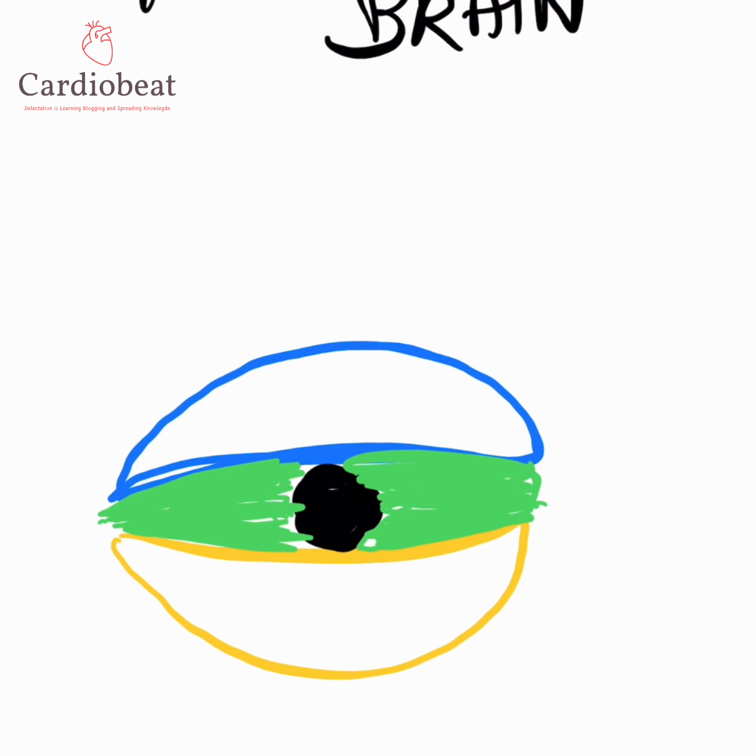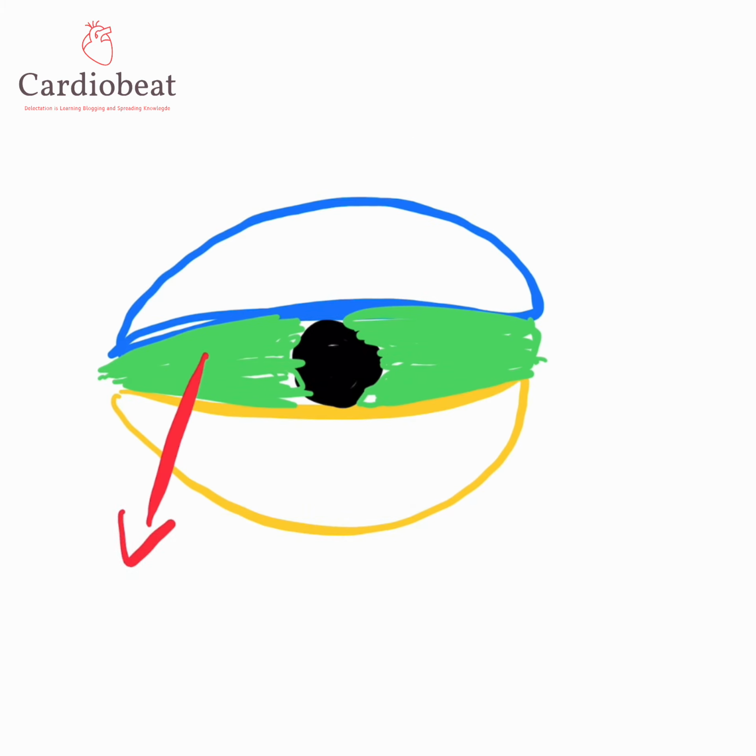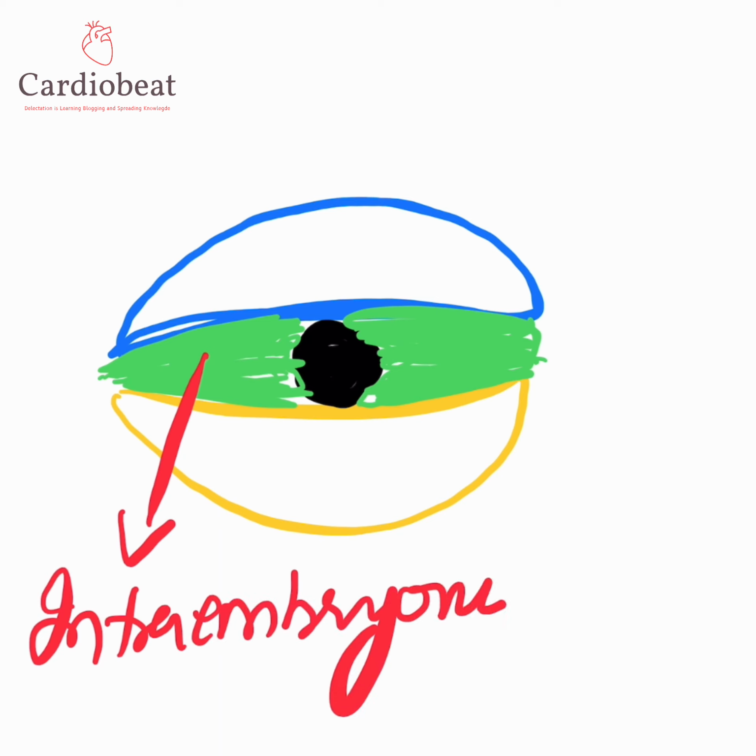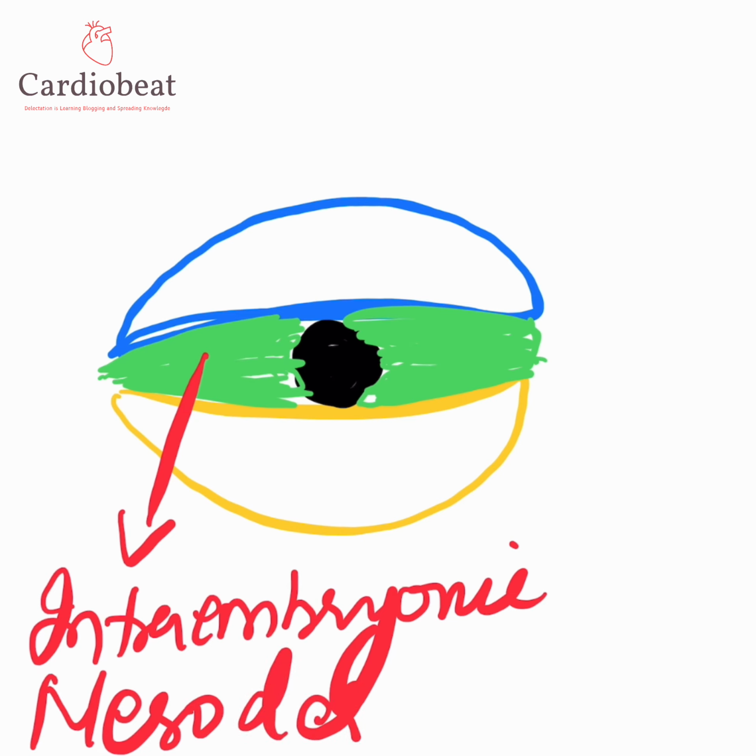This sheath of cells is called the intraembryonic mesoderm. So the epiblast and hypoblast are now separated in the middle by the intraembryonic mesoderm, which is nothing but a sheath of cells at either lateral end of the primitive streak and notochord.